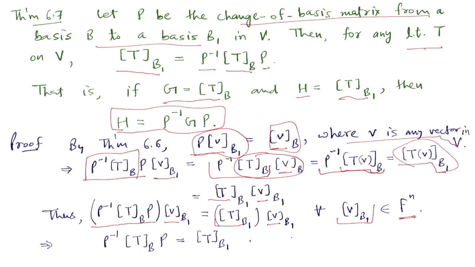We are taking any V from the vector space, and because the vector space is isomorphic to Fn, we will get VB1 for all elements in Fn. So when we apply these matrices on any arbitrary element of Fn, both are equal. So these two matrices must be equal. This gives us that P inverse TB P is equal to TB1. This proves the second theorem 6.7.